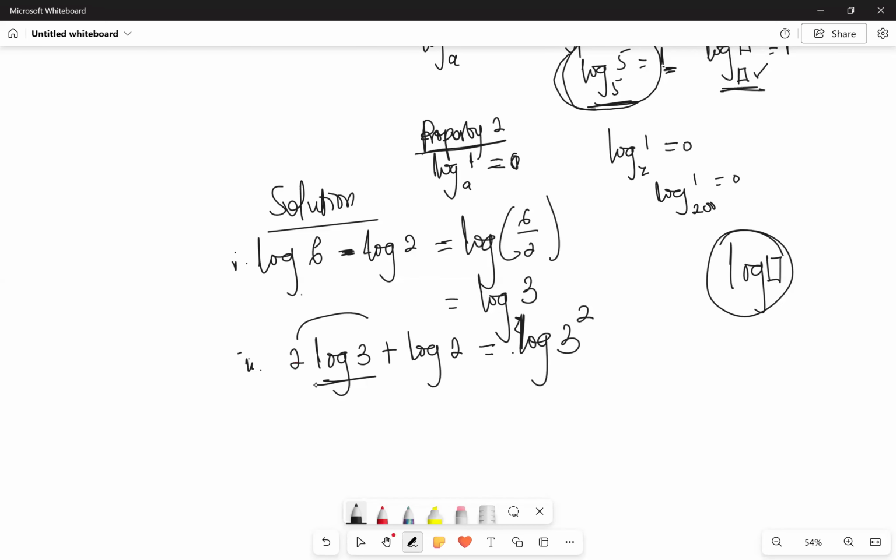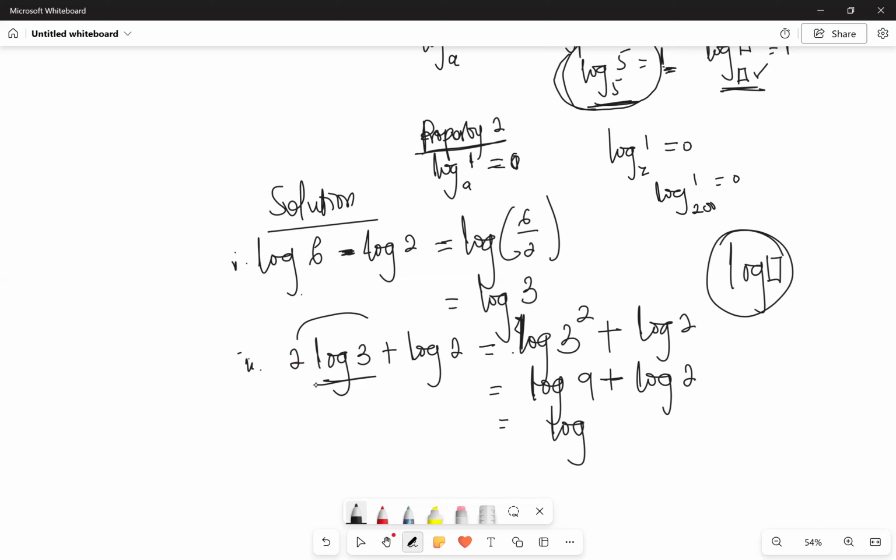So that is it. Then plus log 2. Now, 3 squared is 9. So plus log 2. So you have log 9 plus log 2. Now you refer to law 1 or law 2, one of them which has to do with addition.